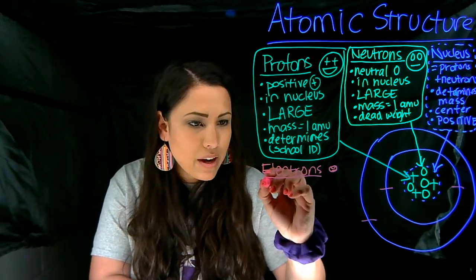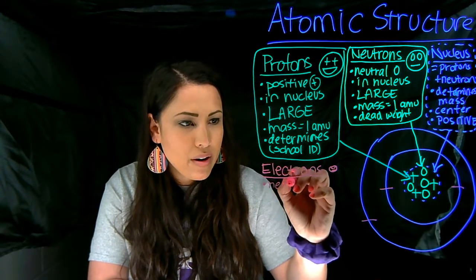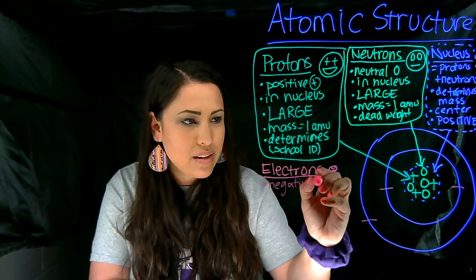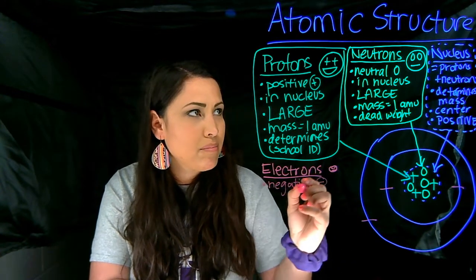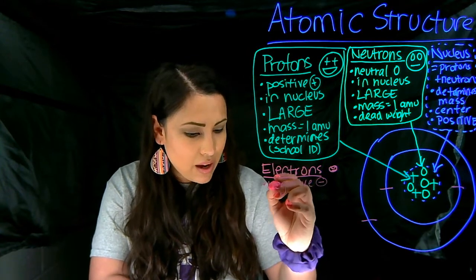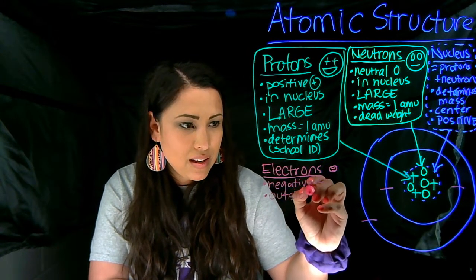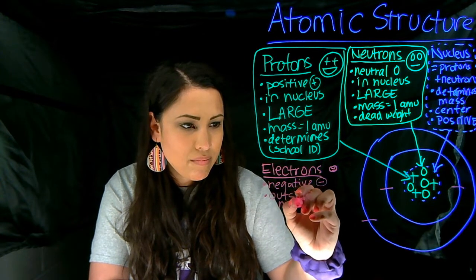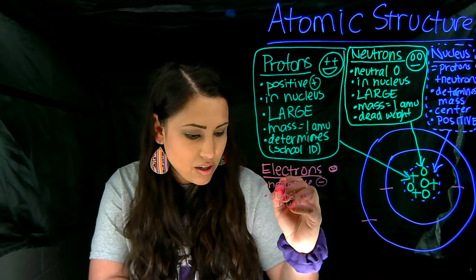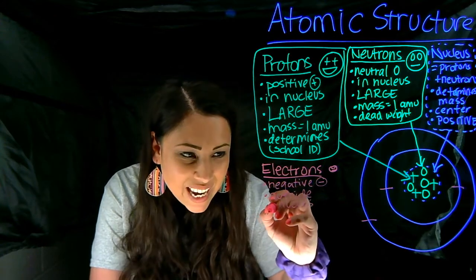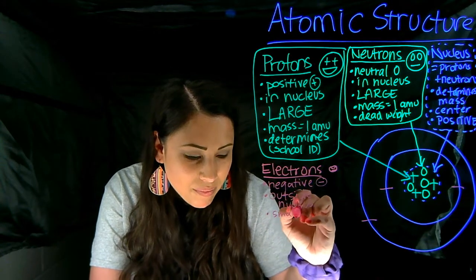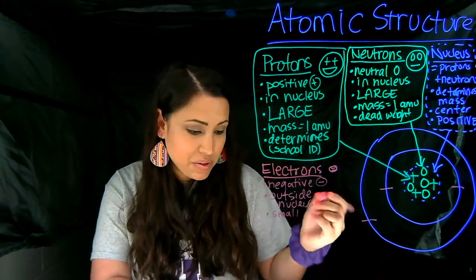Now, we're going to add our charge here just so we remember they are negative, which is a minus sign. They are outside the nucleus. They are also teeny tiny, they're small compared to our protons and neutrons.